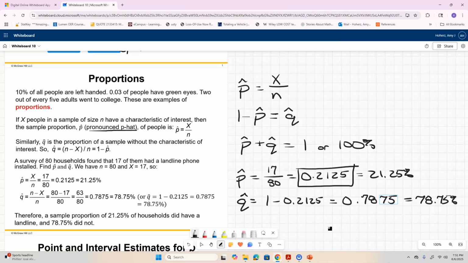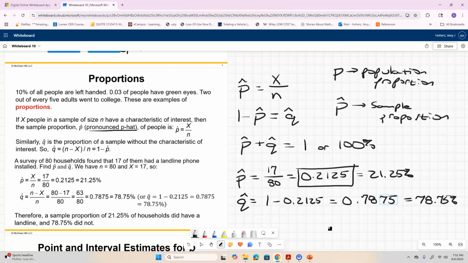And just as a reminder, P is the population proportion, and P hat is our sample proportion. Now this is a little bit different because we don't have a Greek letter like we do for some.